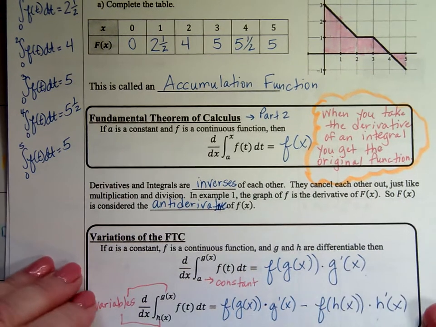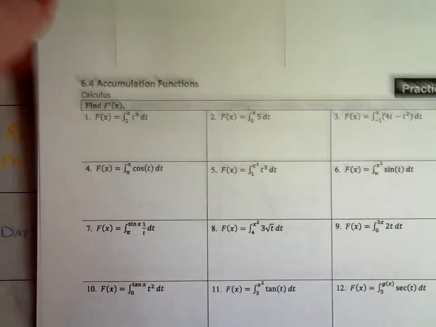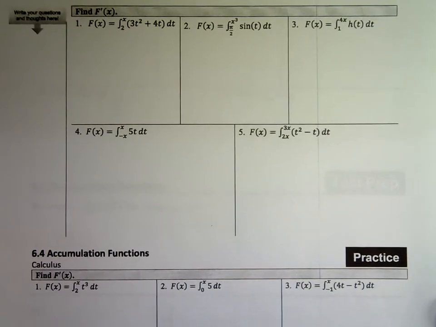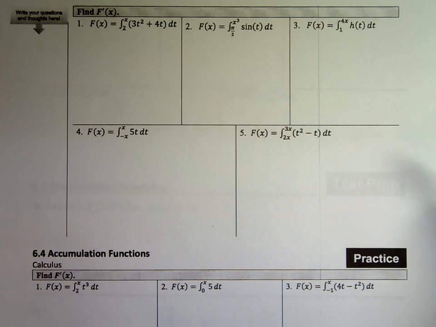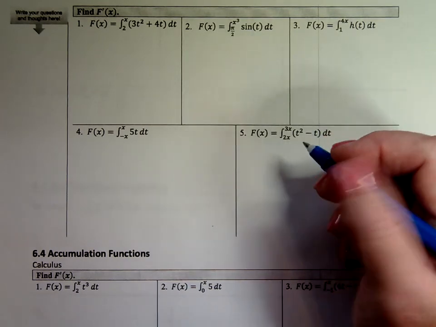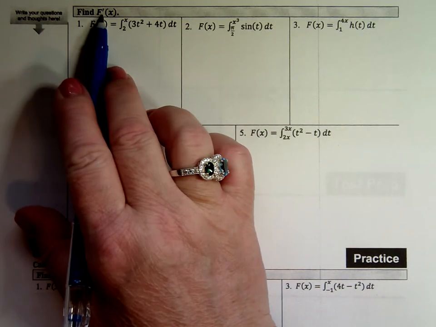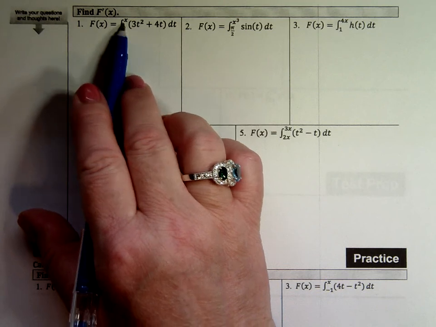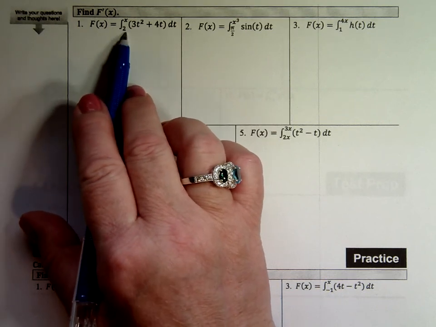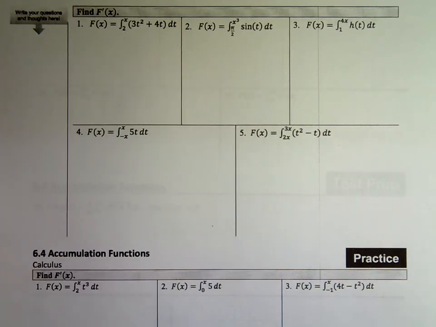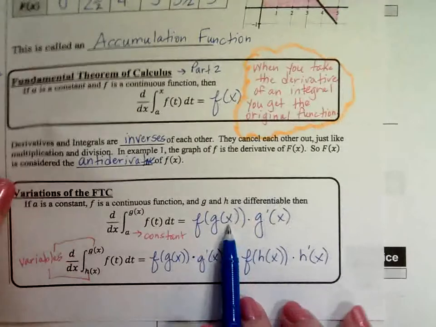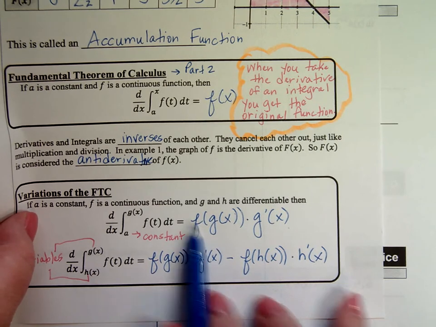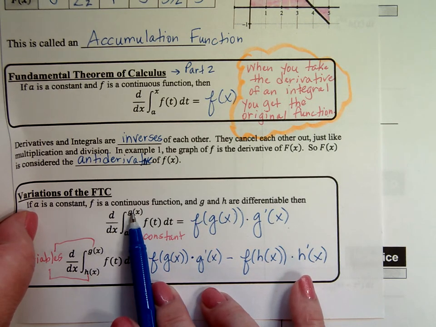Here it goes. Flip the page. Number 1. These are still examples. We haven't gotten to the practice stuff yet. So they want to know, find the derivative of this. Well, all you need to do, if this is a constant, is take f of g of x, in other words, f of the x value. We have x up here.